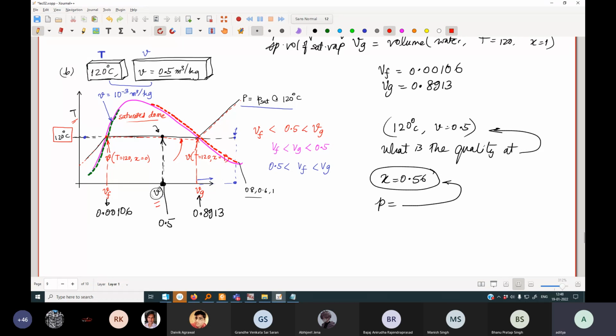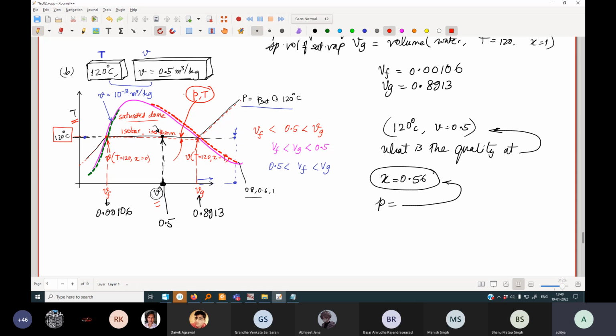This flat line is also the isobar, and it is also the isotherm. Yes, sir, because T is on the y-axis. So this entire line is an isotherm, but the isobar also becomes flat. So on this curve, which is inside the dome, the P and T are constant. They are known, and they are not independent.